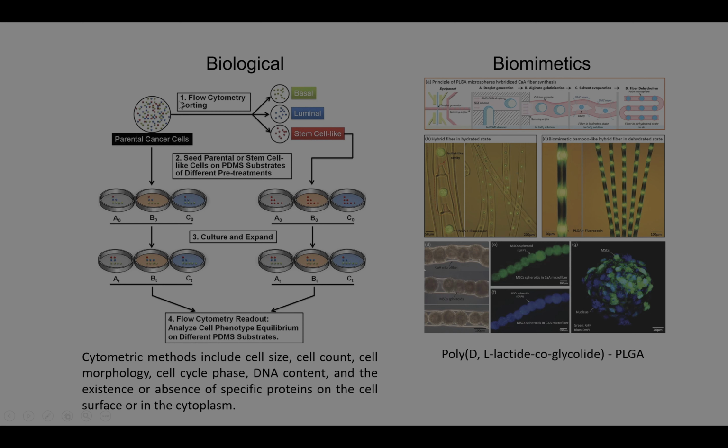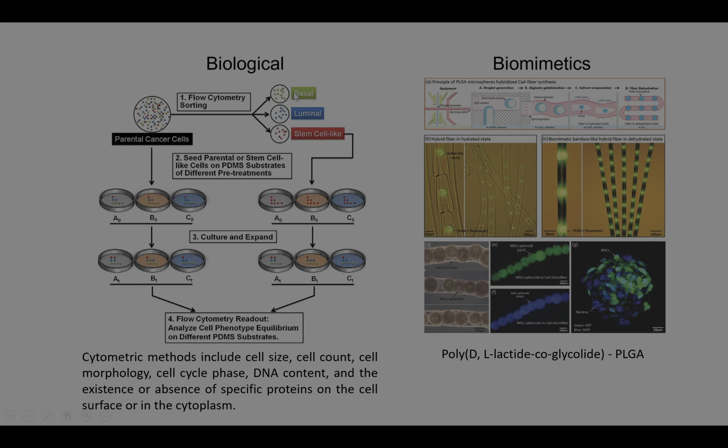Another example of a field-based microfluidic device is the biological one, where cancer cells are sorted with cytometry. The cytometry method includes cell size, cell count, cell morphology, cell cycle phase, DNA content, and other adjustments, and the presence or absence of specific proteins on the cell surface or in the cytoplasm.